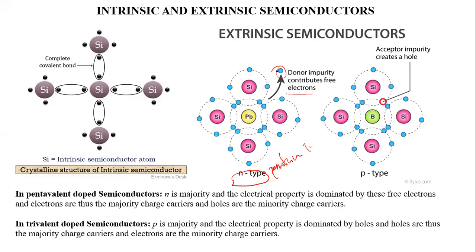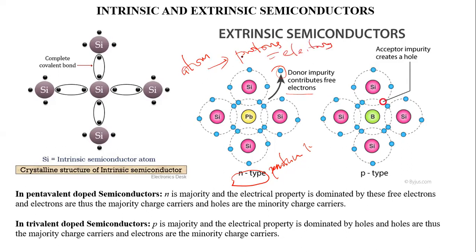This free electron is loosely bound to the pentavalent atom and it can easily get detached and become a free electron. By inserting this pentavalent atom, we are inserting the whole atom. An atom contains an equal number of protons and electrons, right?